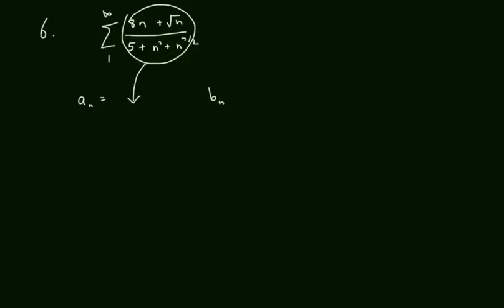Then my Bn is going to be, well, I think of it as 8n is the higher degree term, and then n to the 7/2 is the largest term. So I'm thinking of Bn equaling 1 over n to the 5/2. N to the 1 minus 7/2.